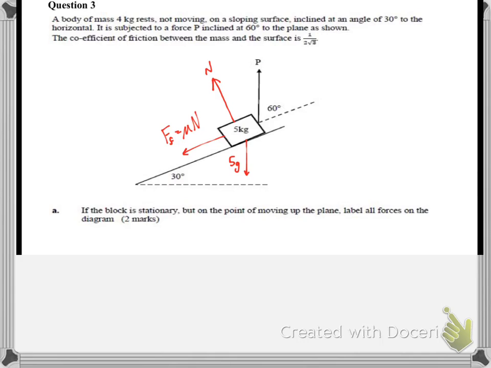So there's our forces: our normal force, maximum static friction, which has the value of mu times N, and the weight force. We've also got force P, but that has its components. So there we go, we can set up the direction that way because we're moving up the plane. So positive i direction up the plane, and we can set up our components.